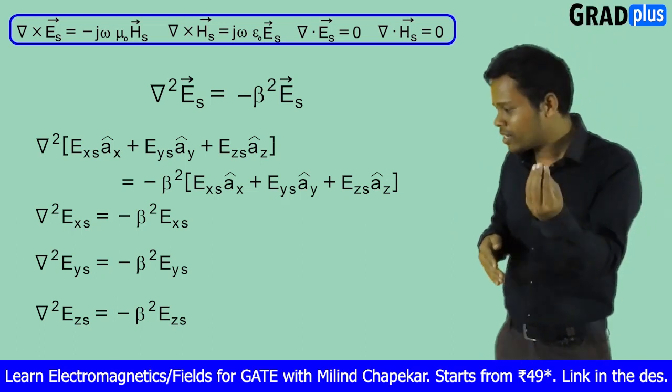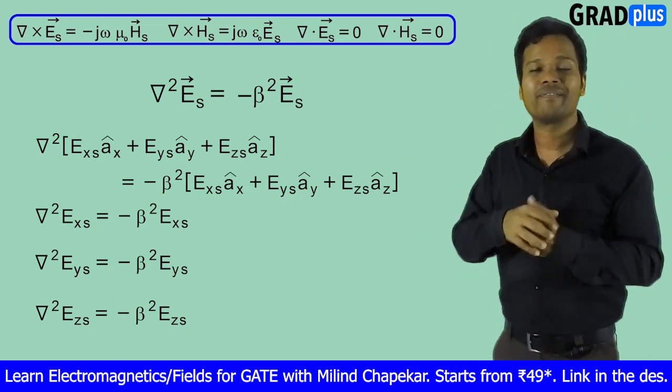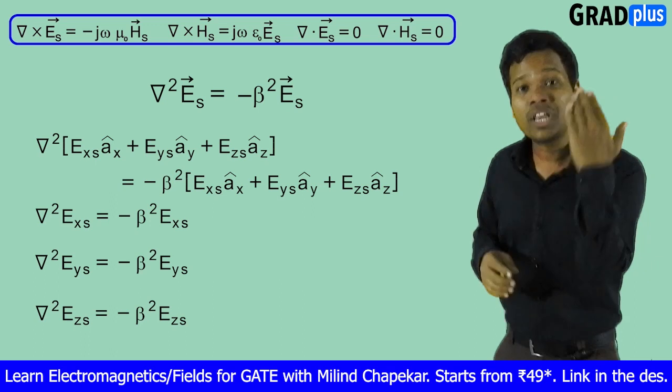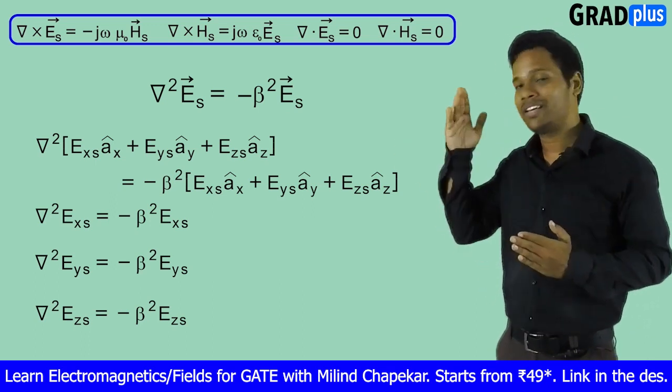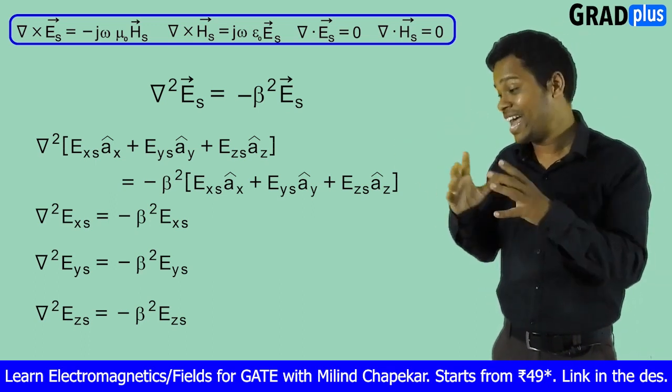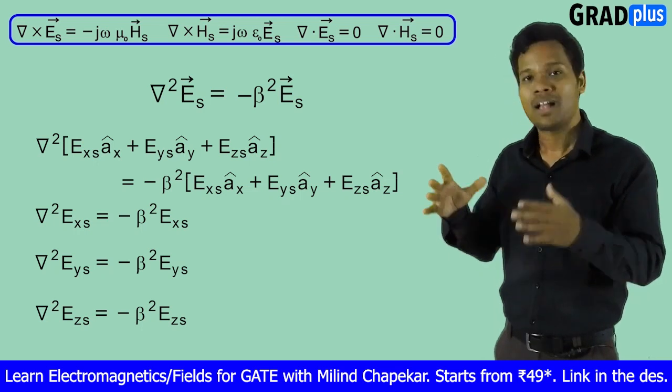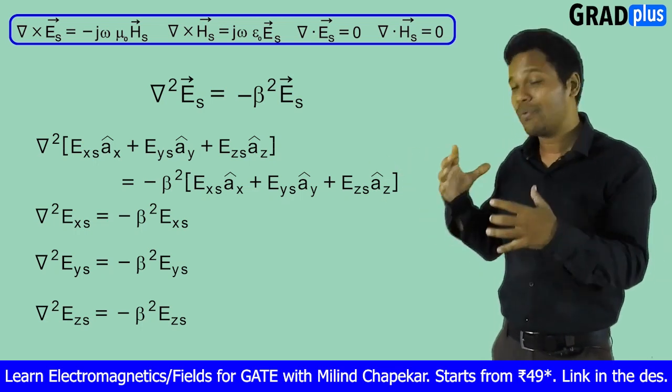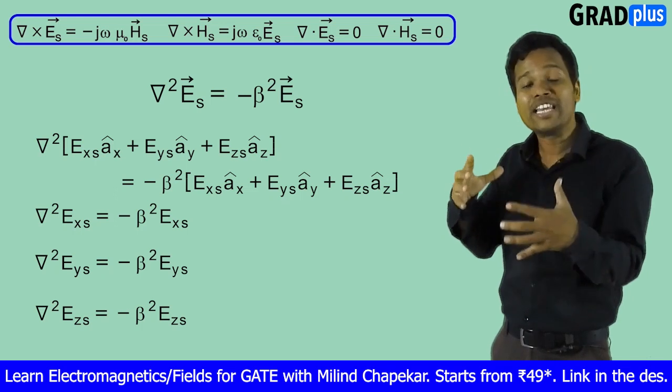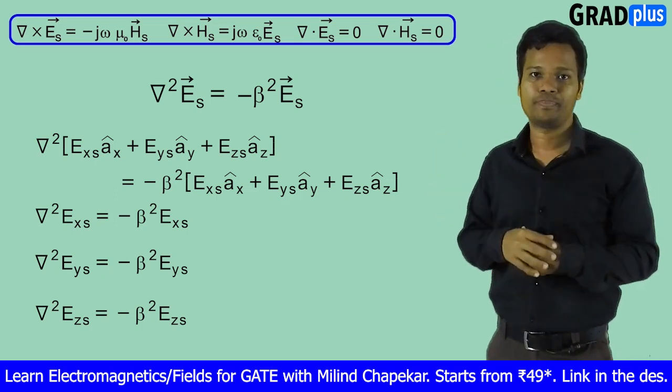And if you remember, as you can see from the screen, we get three equations: del square Ex, of course in the phasor form, del square Ex equal to minus beta square Ex.